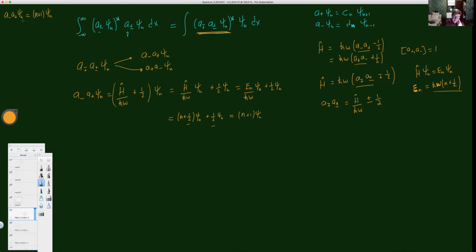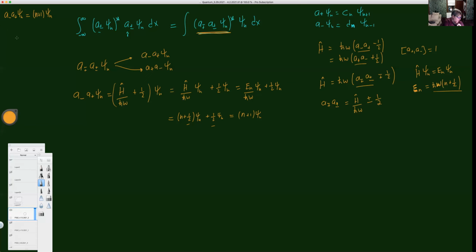So notice that even though a plus definitely is raising my psi n to n plus 1, the a minus comes back and lowers it again to psi n. So I should expect it to be proportional to psi n, not psi n plus 1, right? Because I have two of them. So when you raise, you raise with a plus, but lower it back down with a minus. Okay. All right.